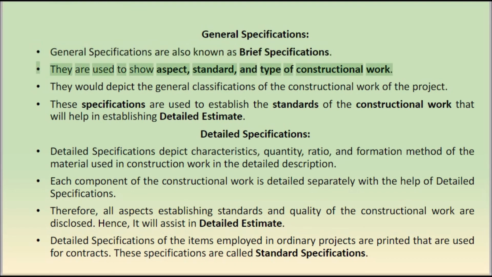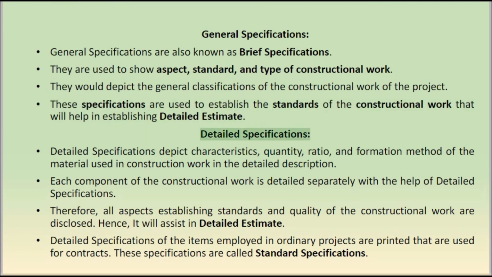They are used to show aspect, standard, and type of constructional work. They would depict the general classifications of the constructional work of the project. These specifications are used to establish the standards of the constructional work that will help in establishing the detailed estimate.